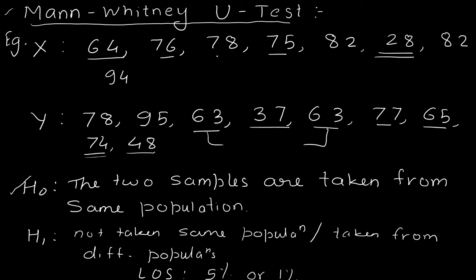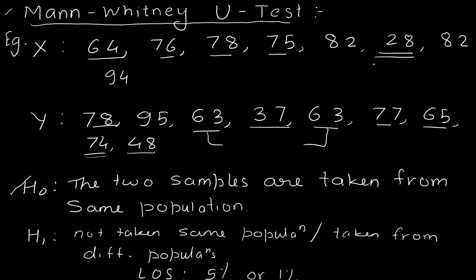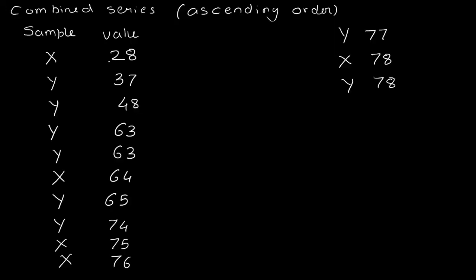Now 78 is there in both x as well as y, so I will write it twice: 78 from x and 78 from y. After 78 the next value is 82. Again 82 is repeated twice and both are from x, so I will write 82, 82, both from x.